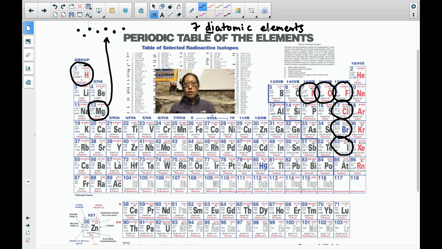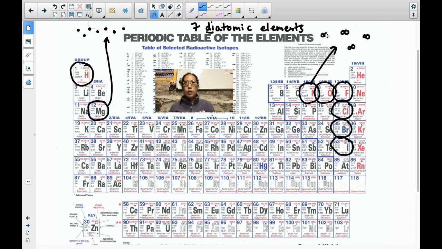So if we looked at nitrogen, we would not see single atoms. Nitrogen in the air is about 78% of our atmosphere. Nitrogen, if we looked at it with a very powerful microscope, would look like this. It would be composed of 2 atoms bonded together into a nitrogen molecule.